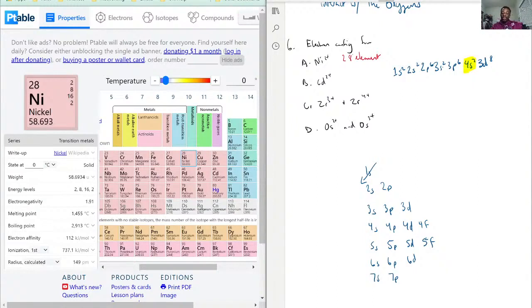So I would argue that the electron configuration for nickel 2+ would be 1s2, 2s2, 2p6, 3s2, 3p6, and then just 3d8, so that we have removed the valence electrons. And we'll see if we can keep this up for the rest of these metals.